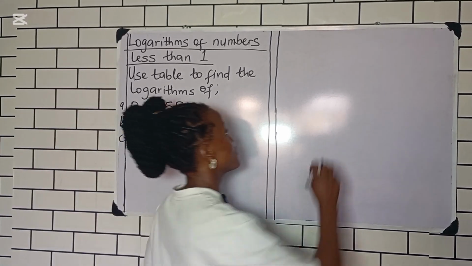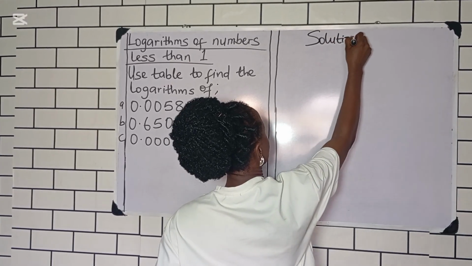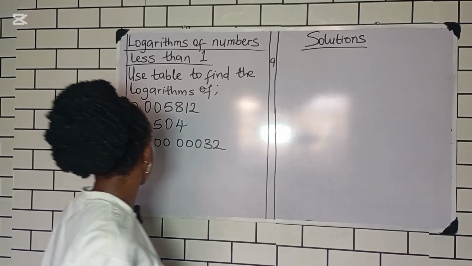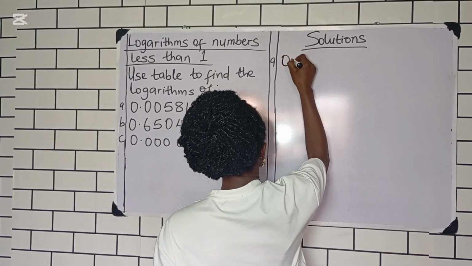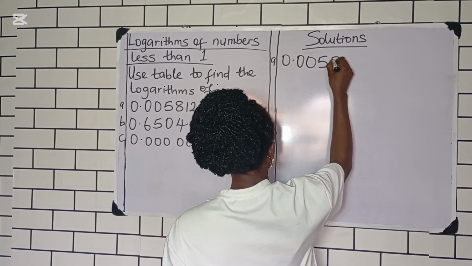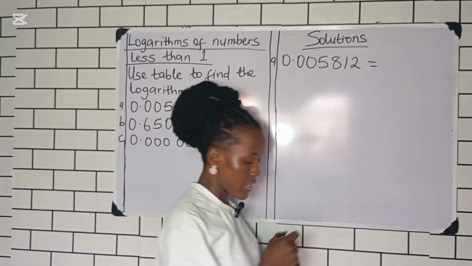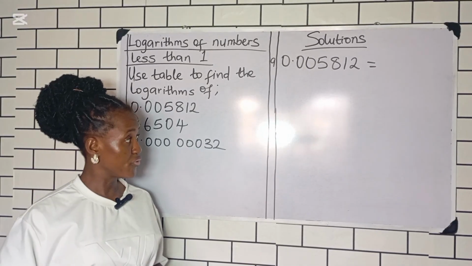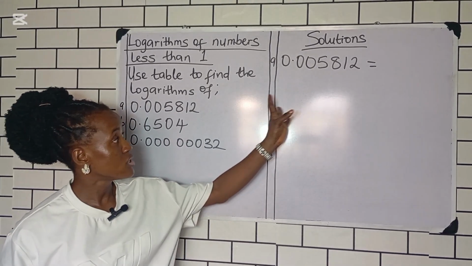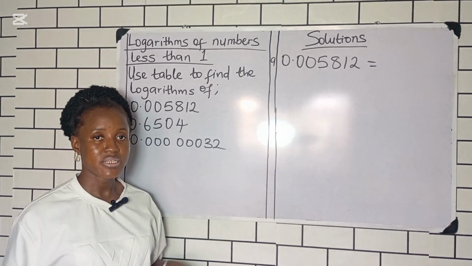Now solutions. For alphabet A, we have 0.005812. Just like I told you in my previous video, before you can find the logarithm of a number, you first of all convert the number to standard form.